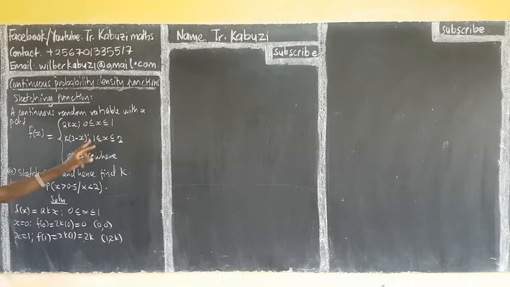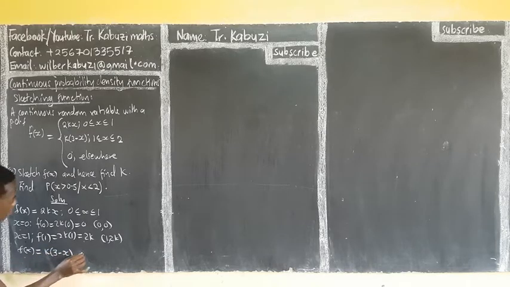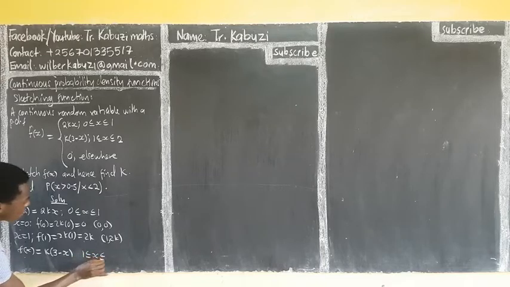Then this one in this function is going to give you the same value. Now just test for this. So our f of x is equal to k into 3 minus x, for 1 less than x less or equal to 2.